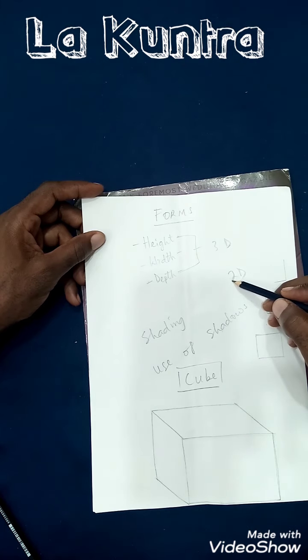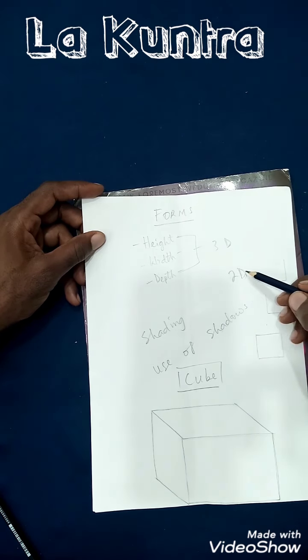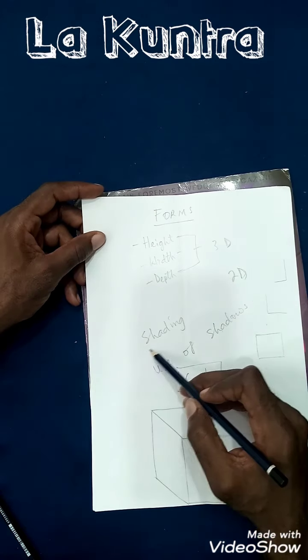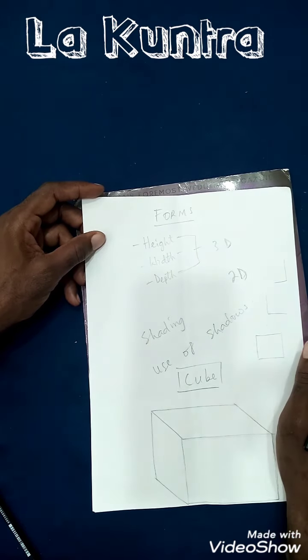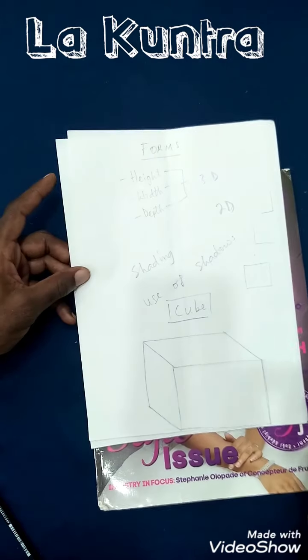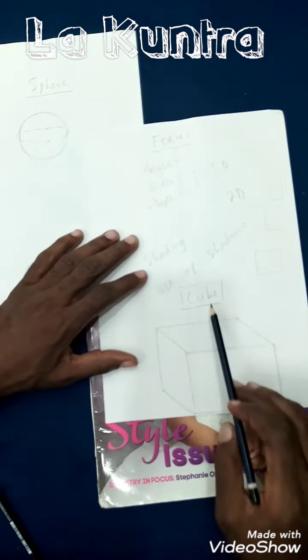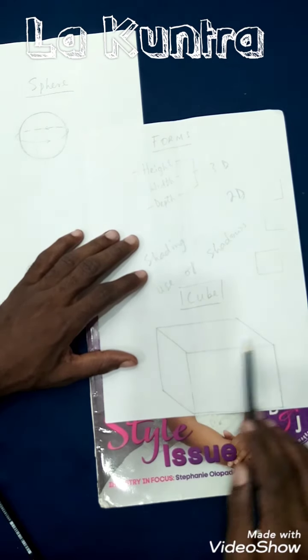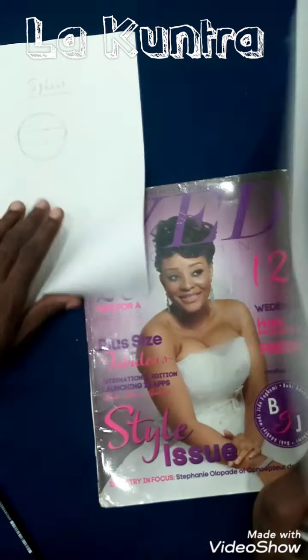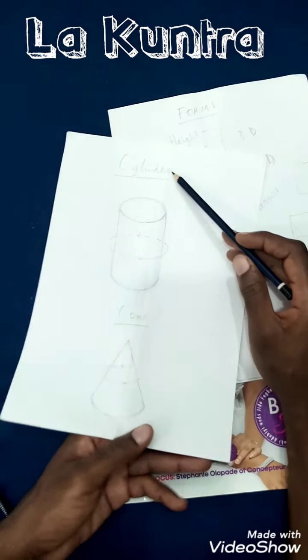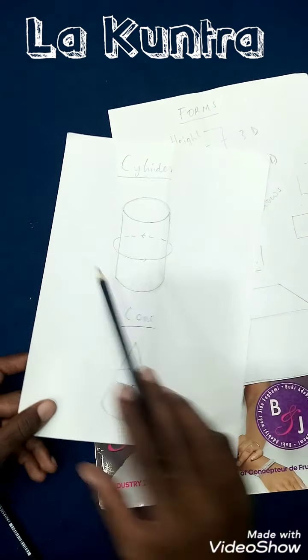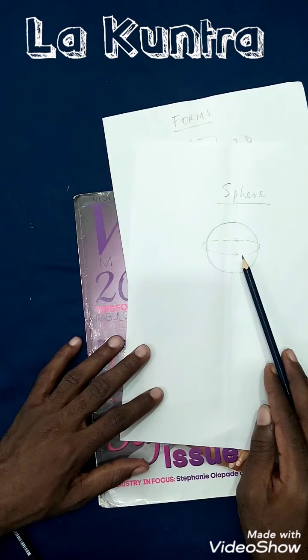Since we are going to be drawing on paper and paper is 2 dimensional, we are going to create the illusion of 3 dimensions using shading techniques. Then we listed the basic forms as cube, and we sketched it out just like so. We also sketched out the cylinder, the cone, and the sphere.